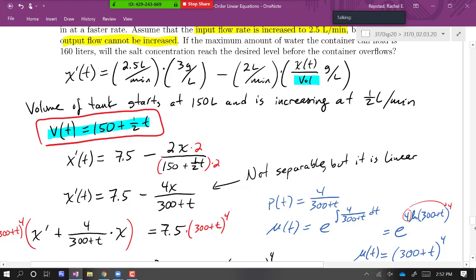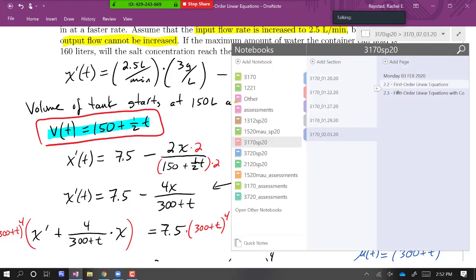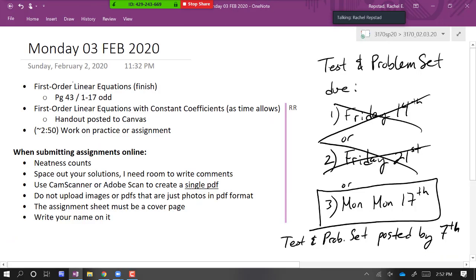Okay. All right. What we'll do then is, we kind of lost some time at the beginning, but we'll go ahead and take the rest of the time so that you can work on the assignment.